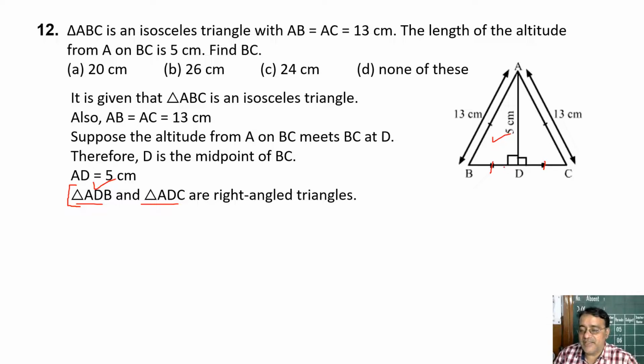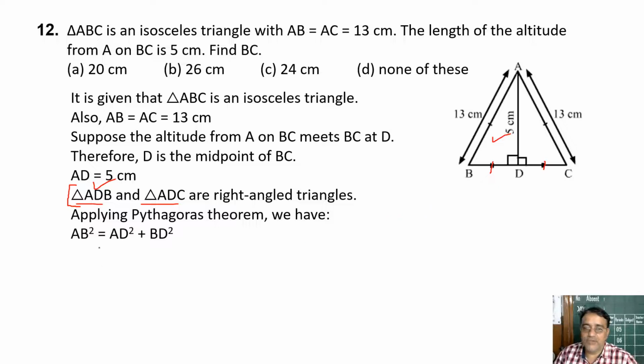Very good. So we will substitute the values we have, we need to find BD. So we will shift AD square to this side. Then we'll substitute AB 13 and AD 5. So 13 square minus 5 square, that is 169 minus 25.